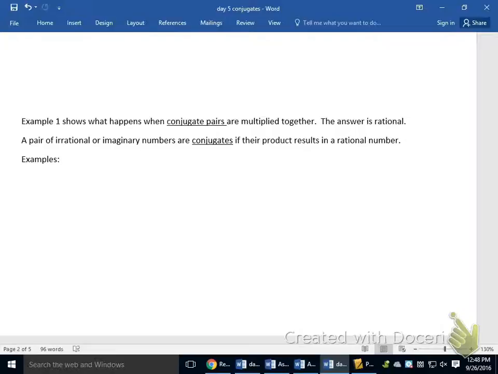Examples. Irrational numbers that multiply to a rational number would be the square root of 2 and the negative square root of 2. That's a conjugate pair. If I multiply those together, I would get negative 2 as my answer, which is rational. And anything that follows the form where the root has a different sign.